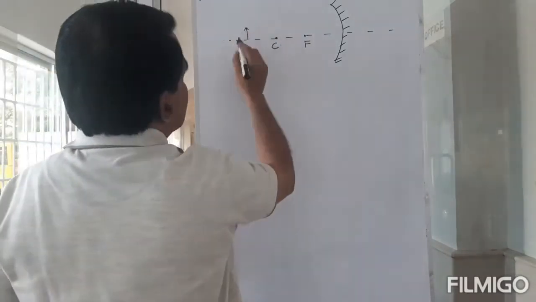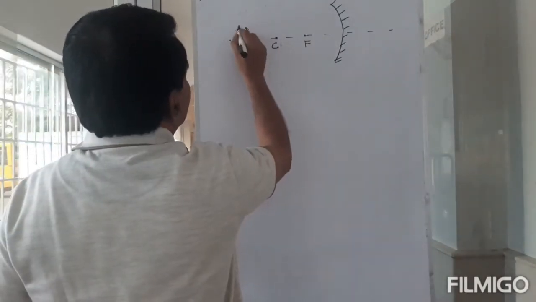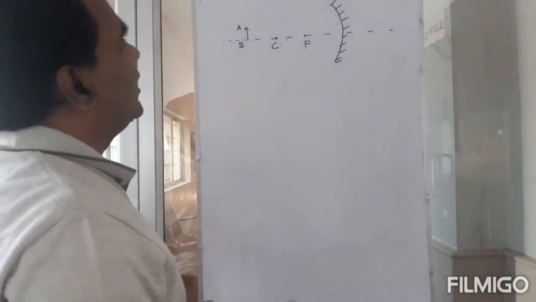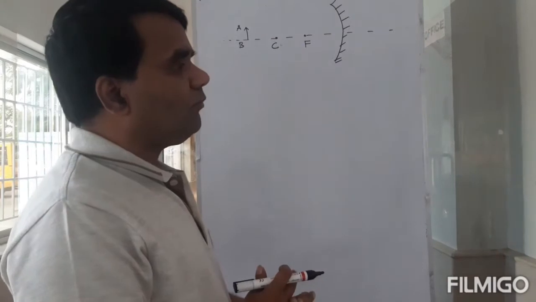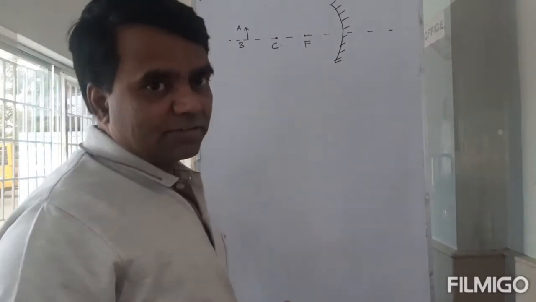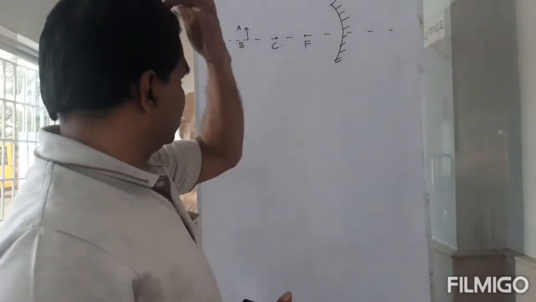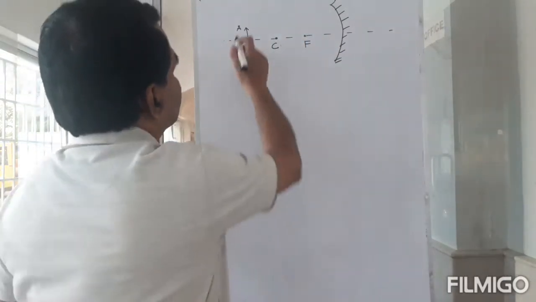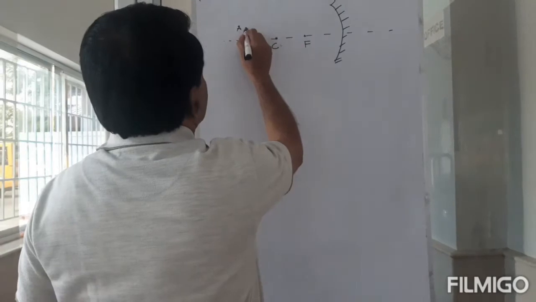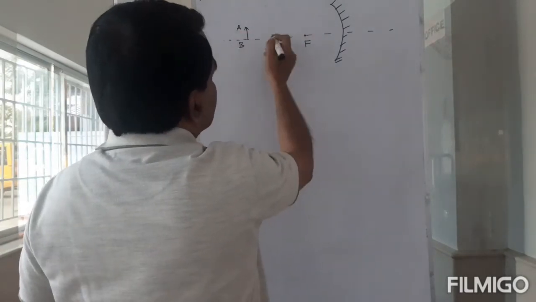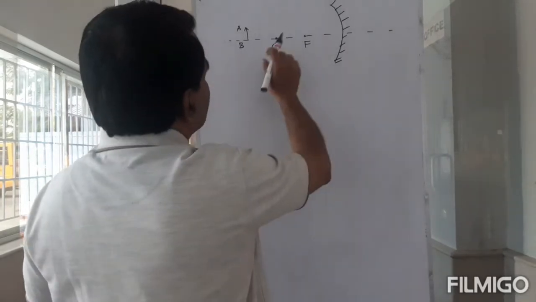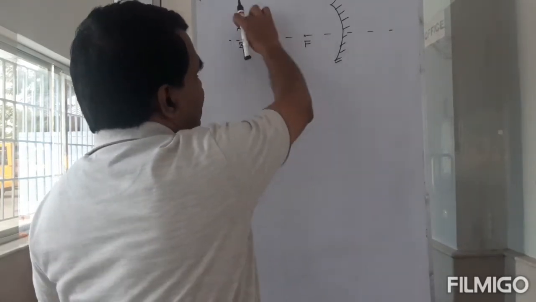Okay, so I call this A and B. A is the top and B is the bottom. I'm going to use a couple of rays to find the image. First, I'll take the top, and I'll take the bottom. All the other points should lie in between the top and the bottom.